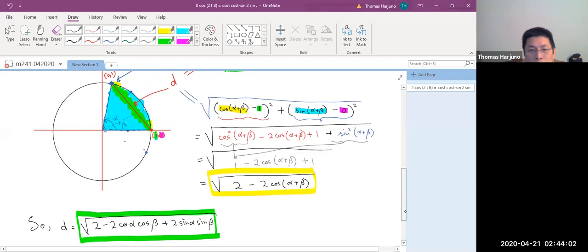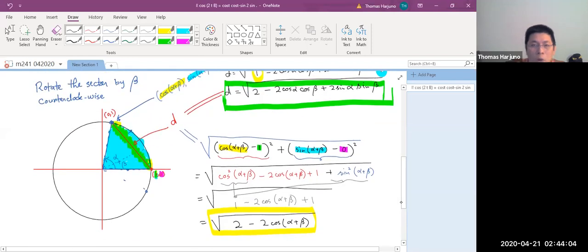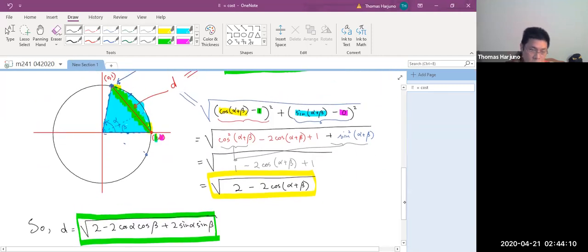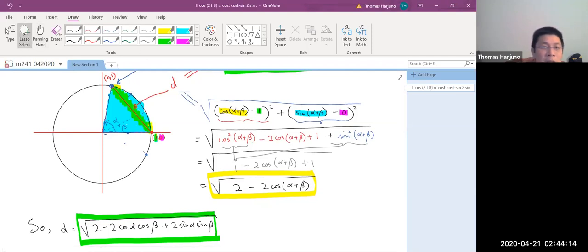Okay, that's what we have on the green box above. I basically copy paste that down. However, that guy is the same as this yellow box.